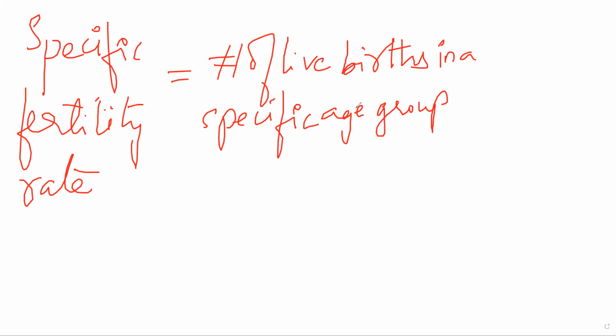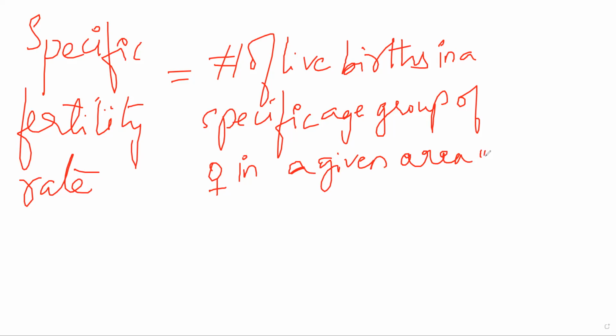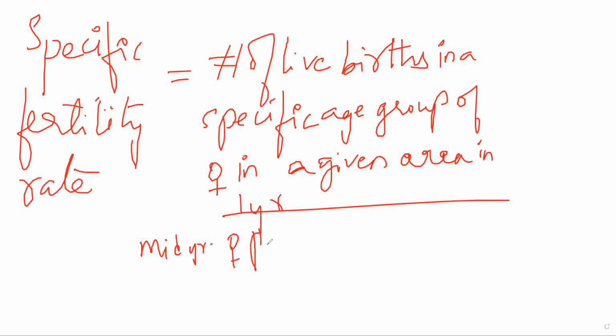I'll explain in a bit; if you see the example you will understand a little better. Age group of females in a given area. We are calculating in one area. That area might be a state, a city, or a village, whatever, one particular area, in 1 year, divided by the mid-year female population of the specified age.